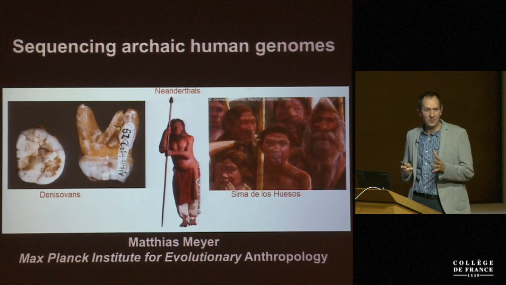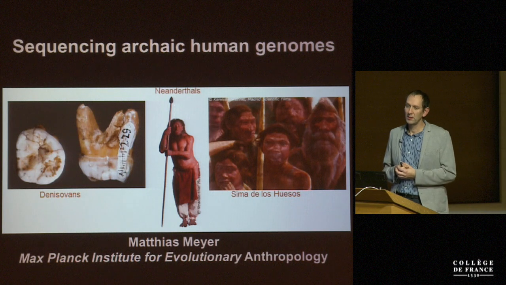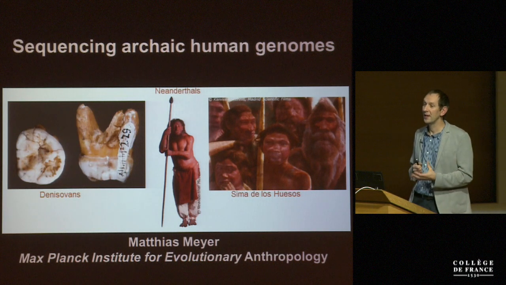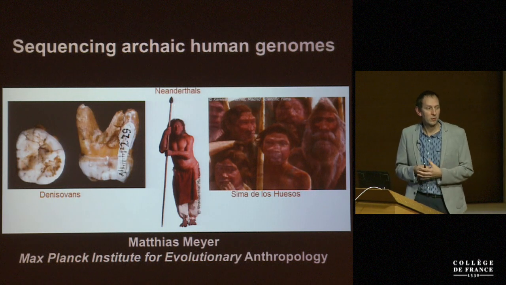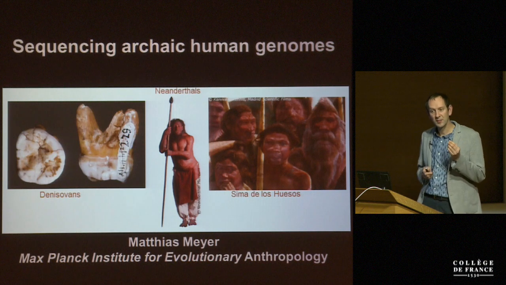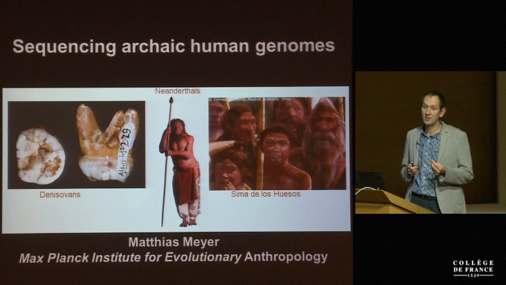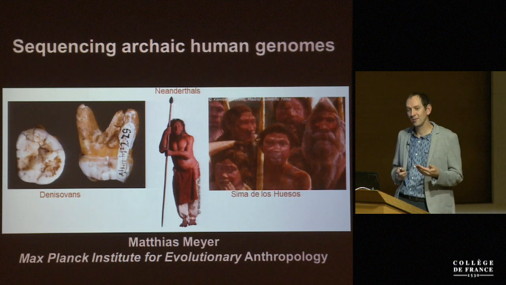I would like to give you a summary of what we've learned about human evolution in the last decade or so by studying the DNA of fossils. Some of this overlaps with what Jean-Jacques has already presented, but I'll try to give you a more technical perspective on how these DNA sequences are generated and how the data is actually analyzed, so that hopefully by the end of this talk, inferences made from ancient genomes seem a bit less esoteric to you.